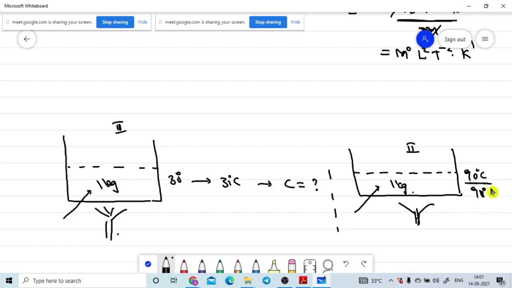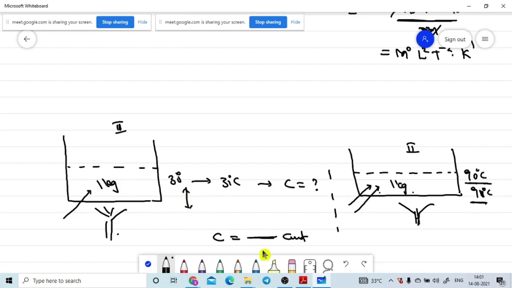To raise it to 91 degrees Celsius means we need to supply more heat energy to the system. That means at higher temperature, the specific heat C is not a constant term for a given system. It is not a constant term. It is defined only in between the range only.